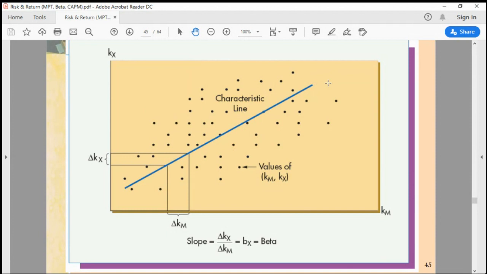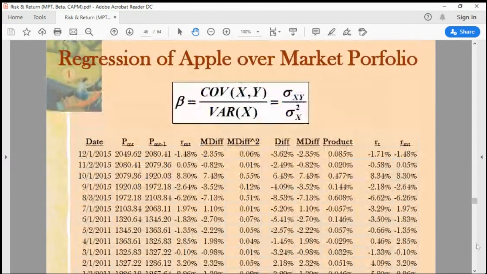So our next question is, that's what we want to find, the slope, the beta, and then alpha. And how do we do that? We use a technique called OLS, ordinary least squares, which is a regression technique, a statistical method.